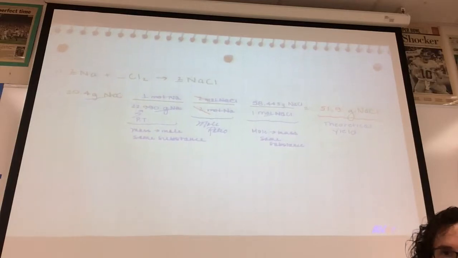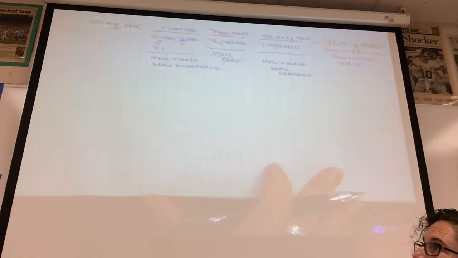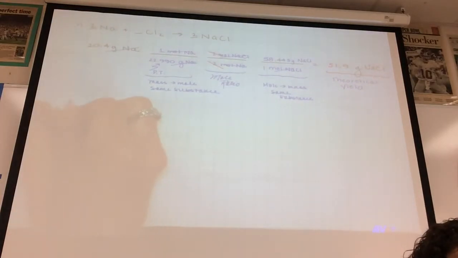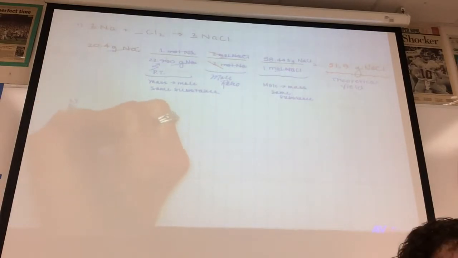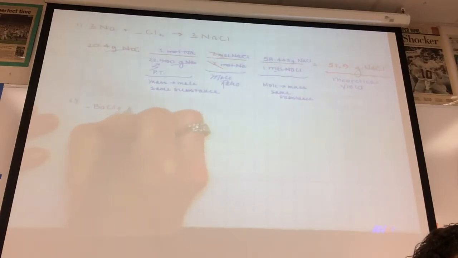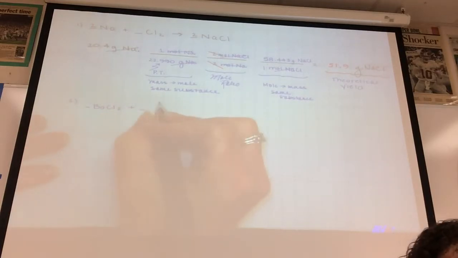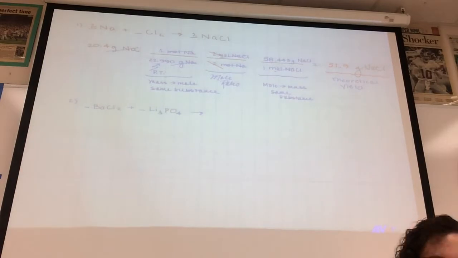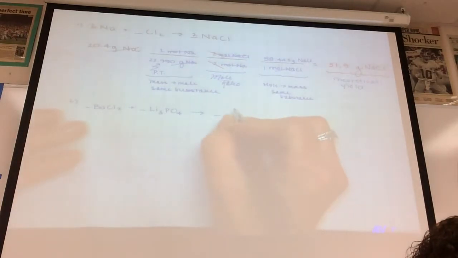Let's take another one so that you can see it again. Number 2 says barium chloride reacts with lithium phosphate. What type of reaction is this? Double replacement, and most of you got A's on the previous test or very high B's.